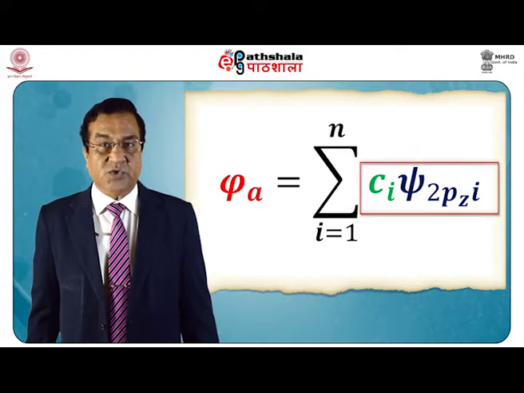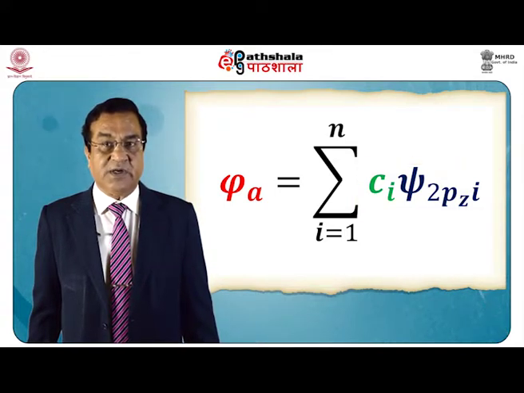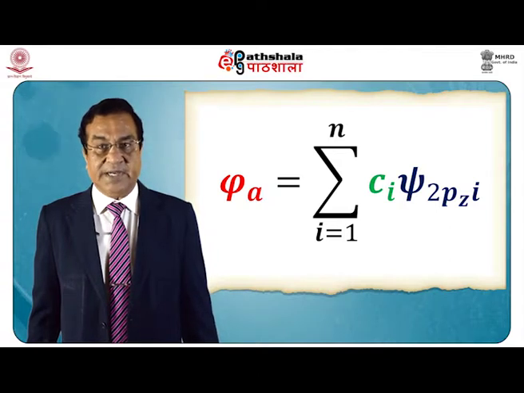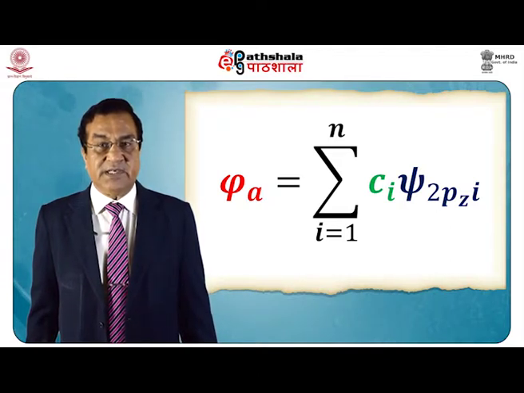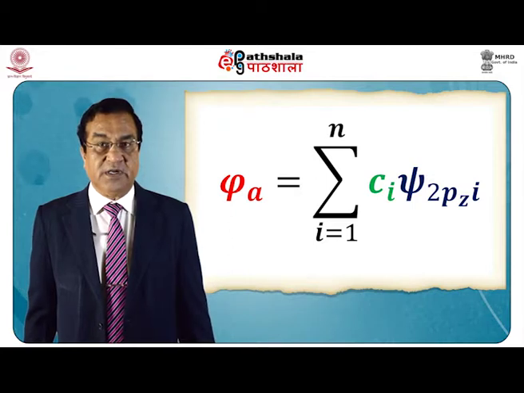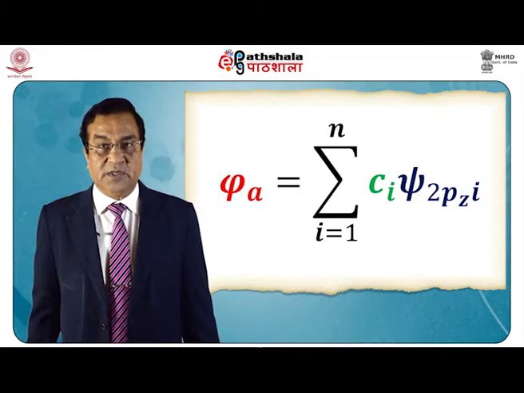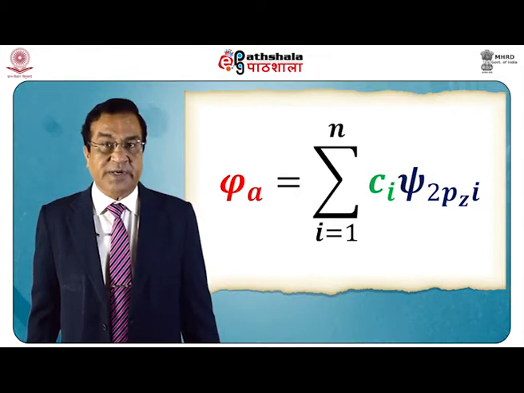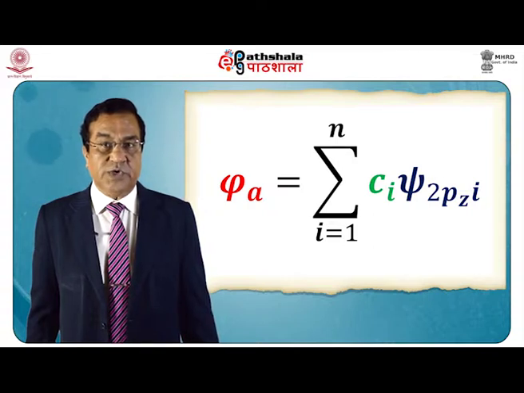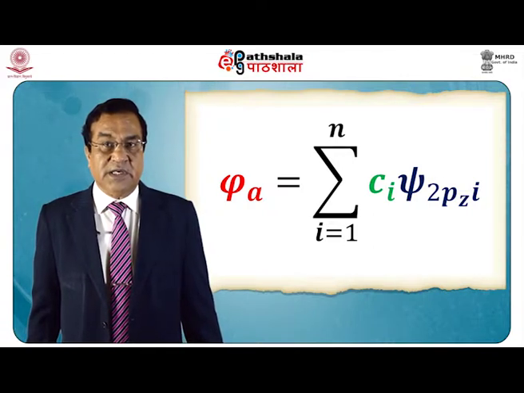Here psi 2pzi refers to the pi orbital centered on ith carbon atom, and Ci is the corresponding coefficient of the molecular orbital. So this is the approximate wave function which we use in Huckel molecular orbital theory.